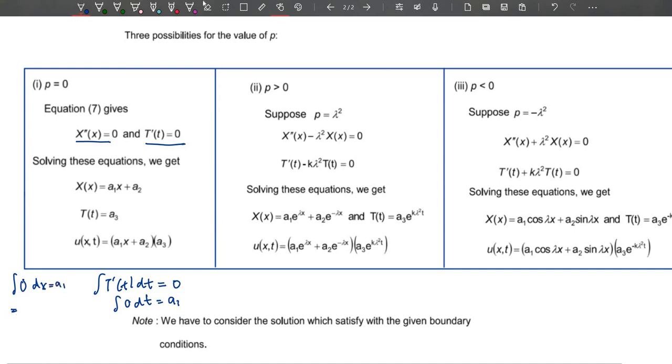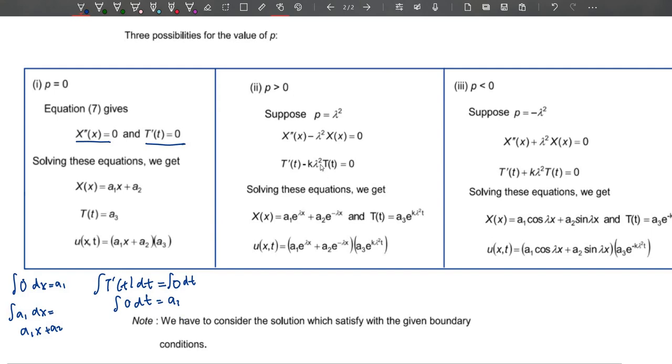And then when we integrate a1 with respect to x, it will be a1 x plus a2, because after we differentiate a constant, we get 0, right? That's why when we integrate 0, it will be a constant. That means u(x,t) is equal to (a1 x plus a2) times a3.